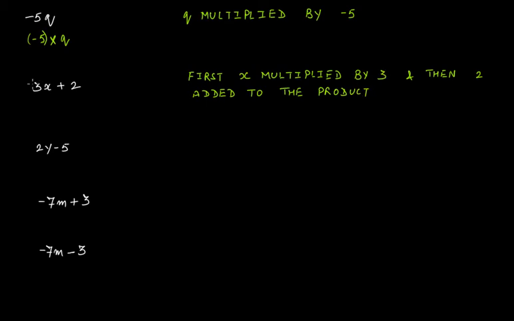Why? x multiplied by 3, it means it is a product, and then you have added 2 to it.